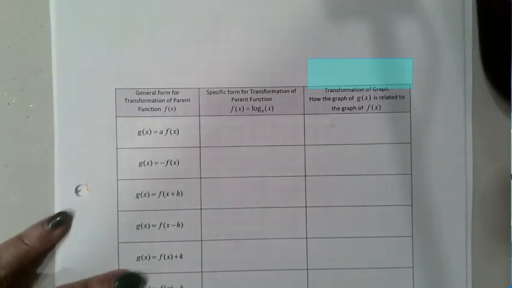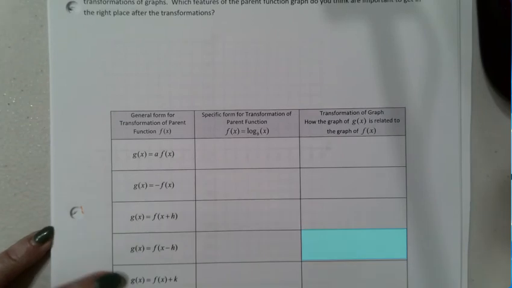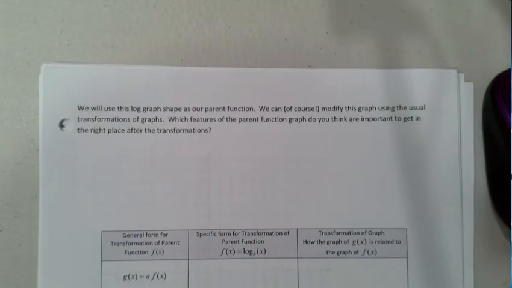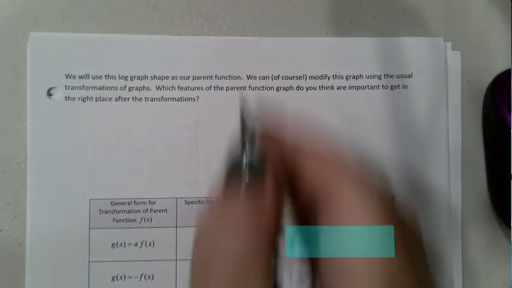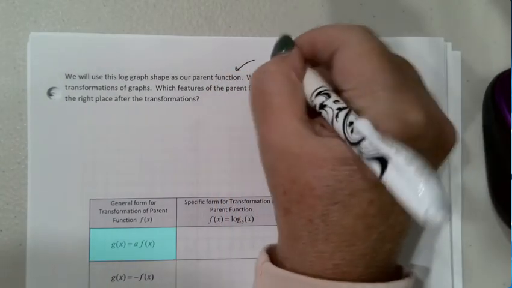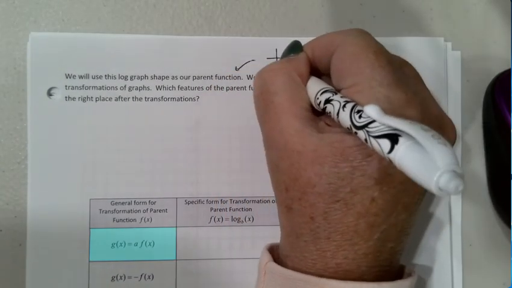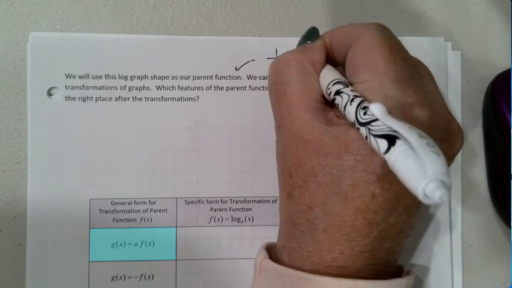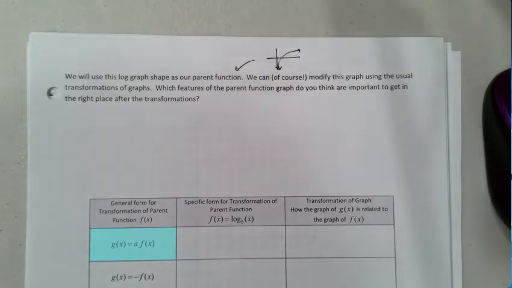All right, we're going to use that logarithm graph with the vertical asymptote on the y-axis as our parent function. So we're thinking of the parent function like this. And we can then shift that in order to get different versions of the log graphs.